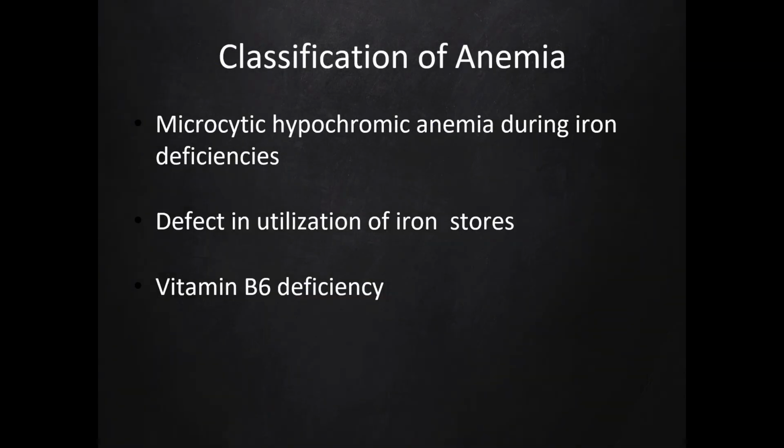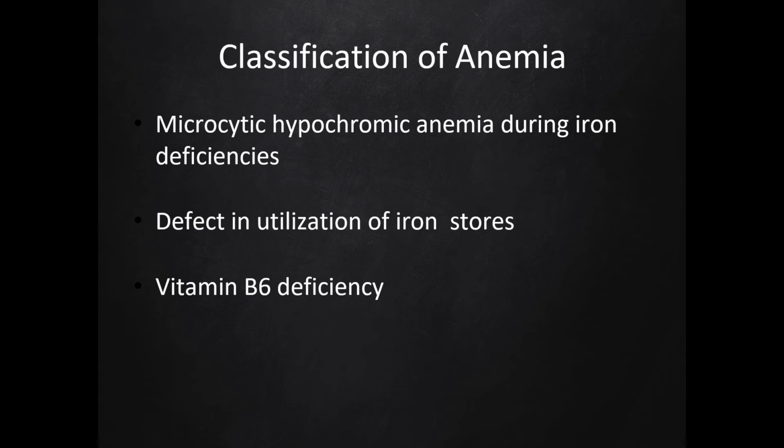In microcytic hypochromic anemia, microcytic meaning the size of the red blood cell is small, and hypochromic state. This occurs during iron deficiency: a lack of dietary iron and chronic blood loss to the exterior, and also defect in utilization of iron stores, such as deficiencies in copper, molybdenum poisoning, and vitamin B6 deficiency.